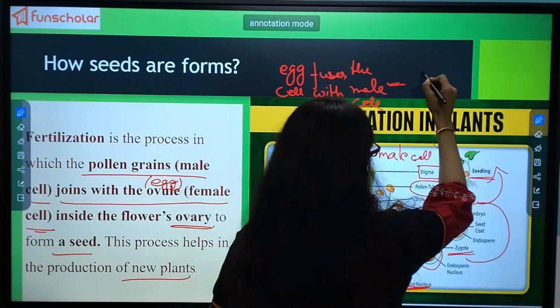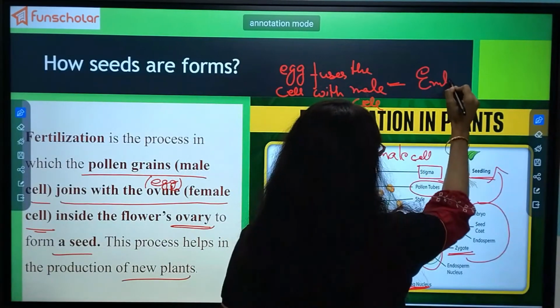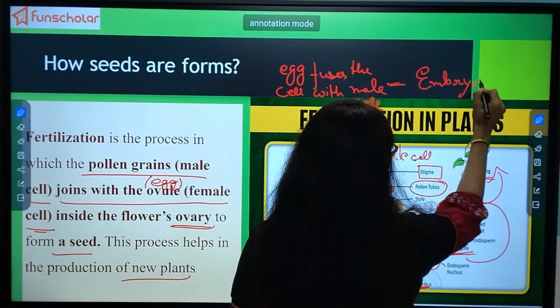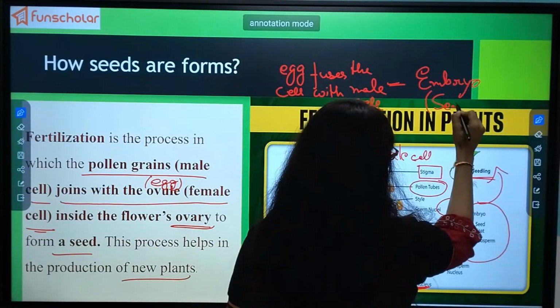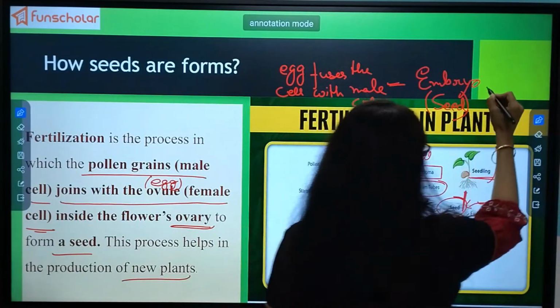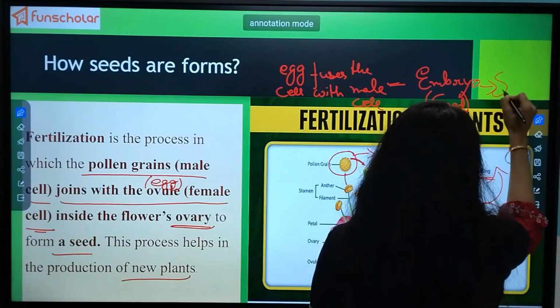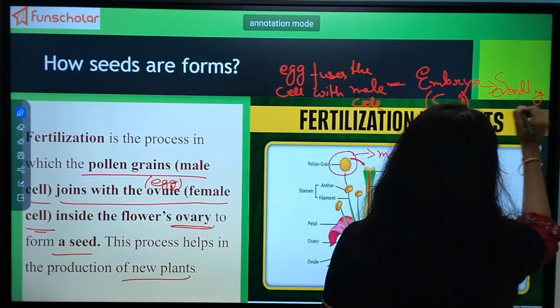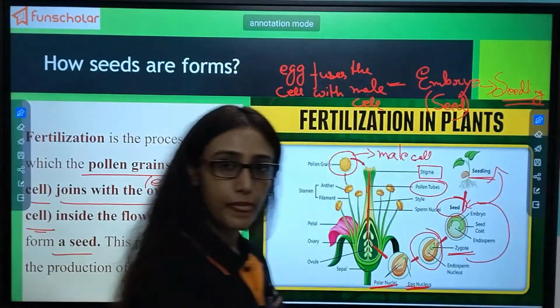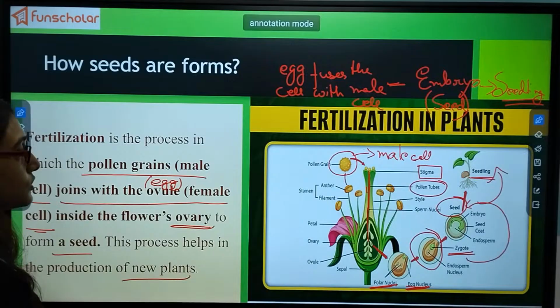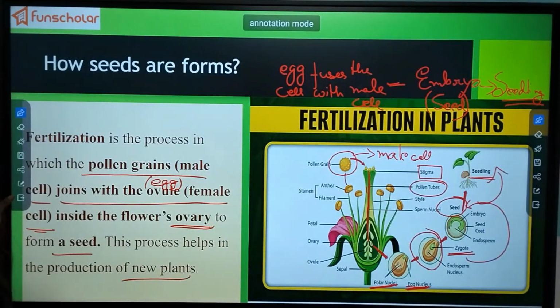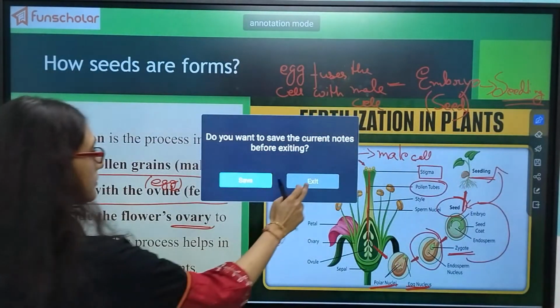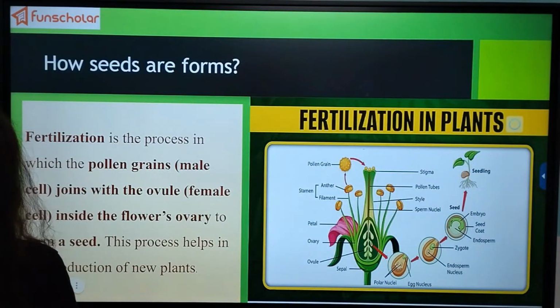It will form embryo or seed, which later will form seedling. Okay? Understood? Okay, let's understand it with the help of video now.